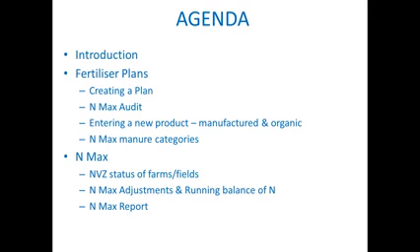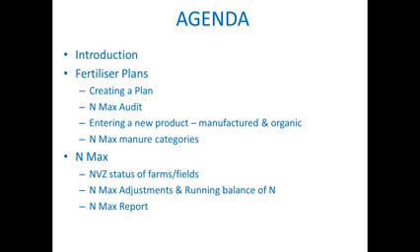We'll then go back and look at how to enter your fertiliser products, both manufactured fertiliser products and then organic manures, and we'll look at how this synchronises with RB209. And then I'll look at the NMAX manure categories that also synchronise with the products.